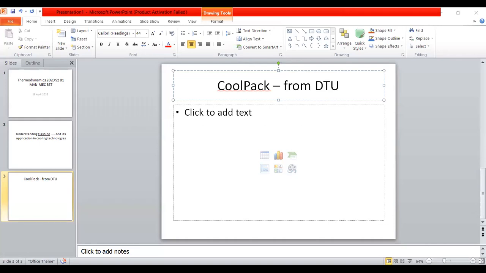I'm browsing for you here. Maybe you can explore it. But anyway, let me share with you the CoolPack software.